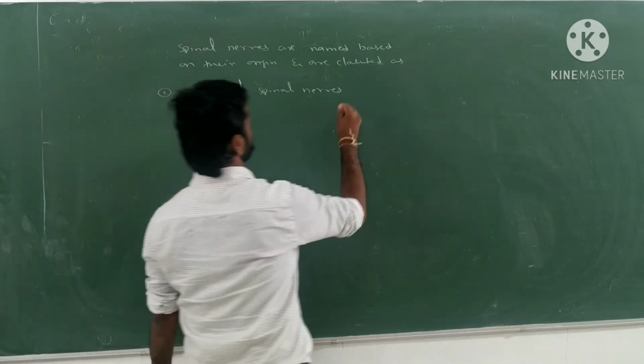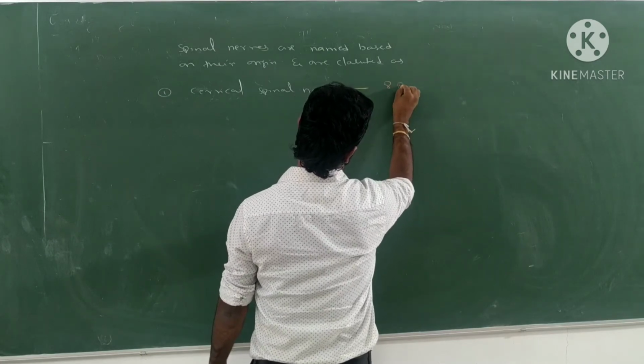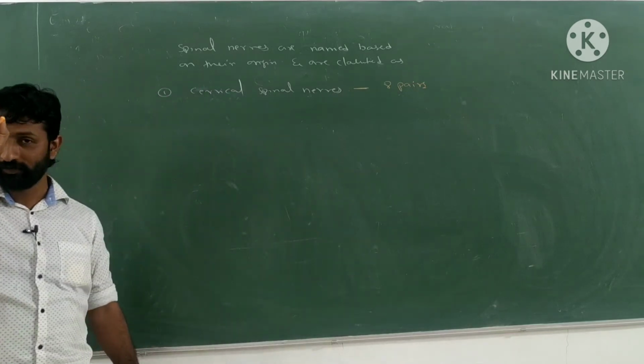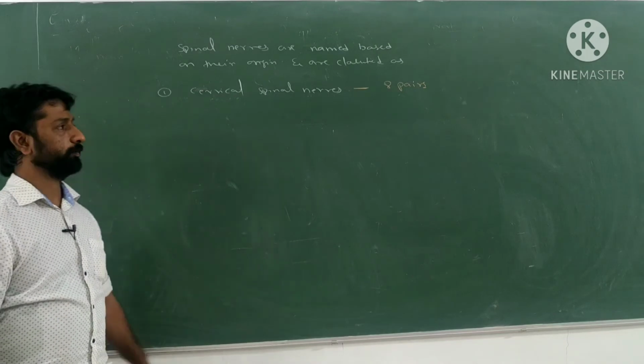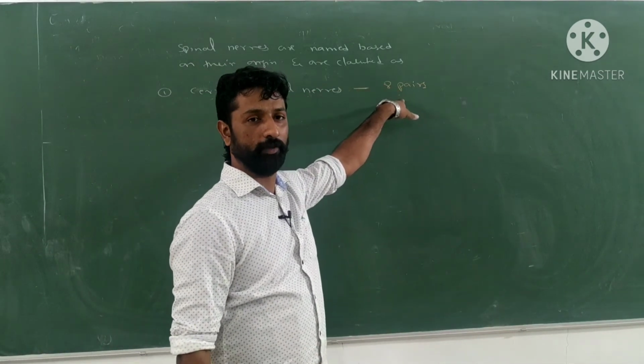So what is the number of such nerves? How many nerves will arise from here? 8 pairs. But the number of cervical vertebrae are 7. Right? But the number of cervical nerves arising from it are 8 pairs.